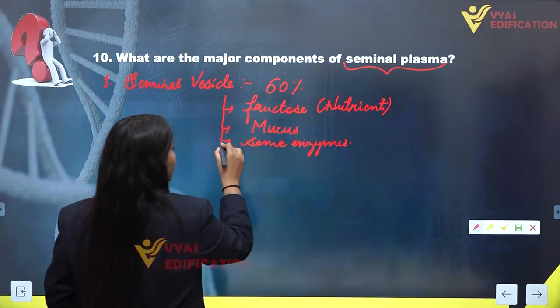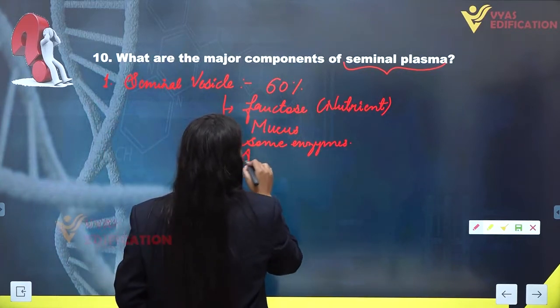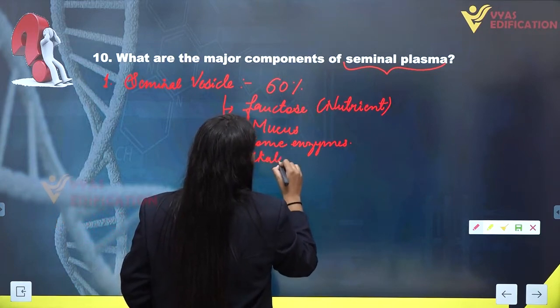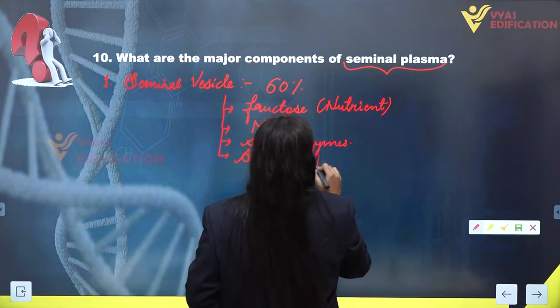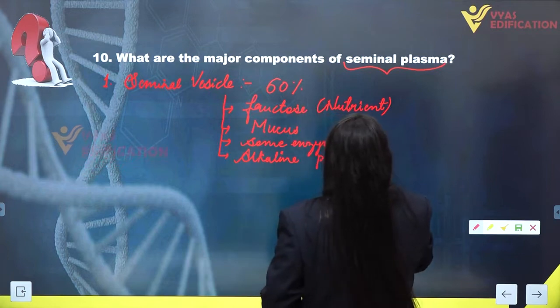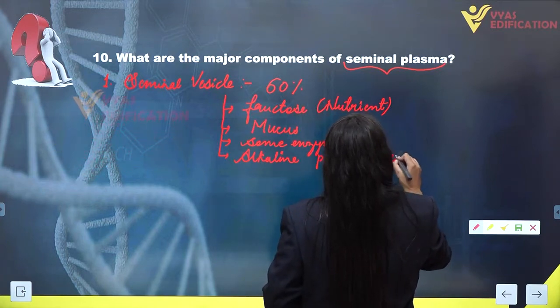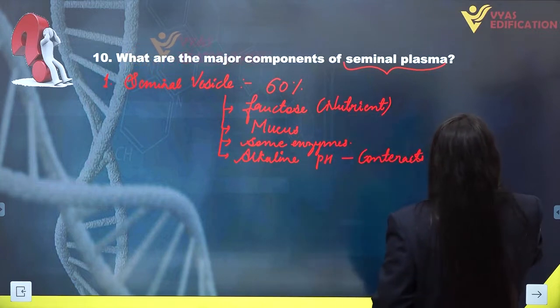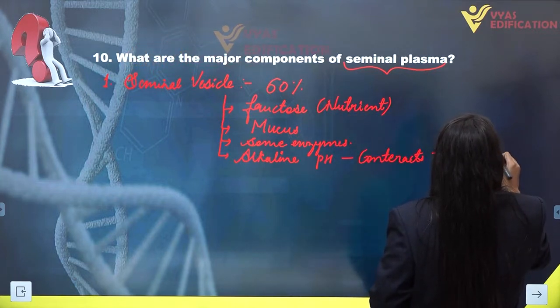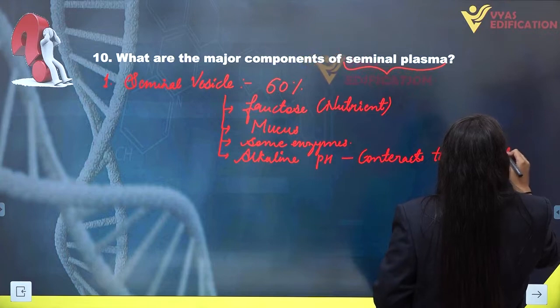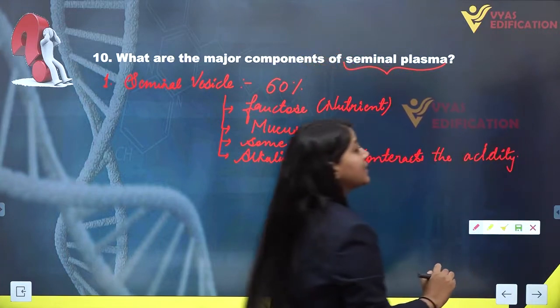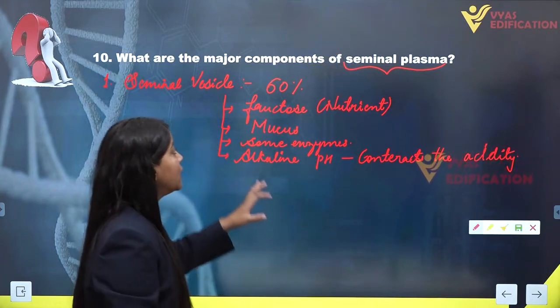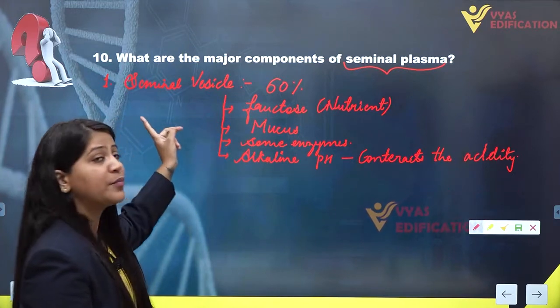And it also provides alkaline pH, which counteracts the acidity in the male urethra as well as in the vagina of a female. So this is the contribution coming from the seminal vesicle.